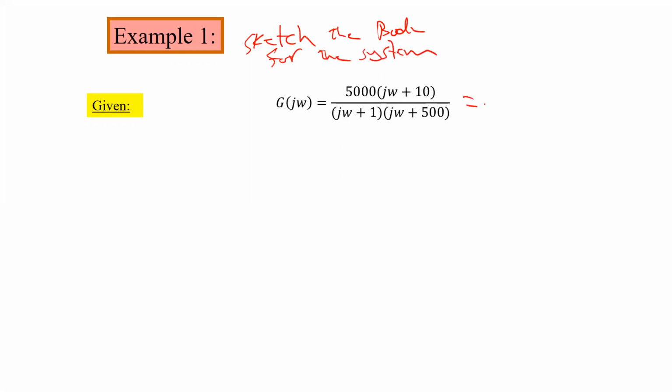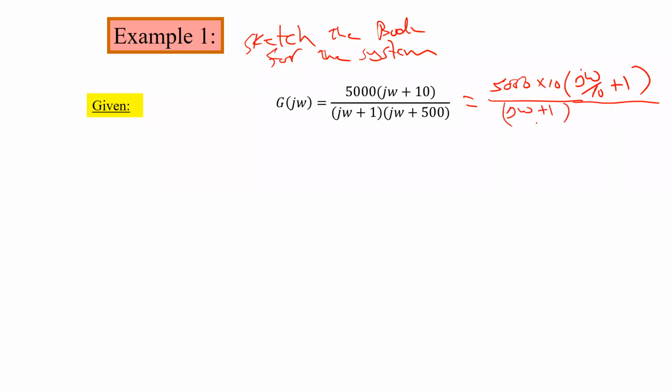First thing we will do, we try to create ones, the same format which we use. So I will have 5,000. I need one here, so multiply by 10, and that will give me j omega over 10 plus 1. Any problem here? And in the denominator, I will have the first one, j omega plus 1.